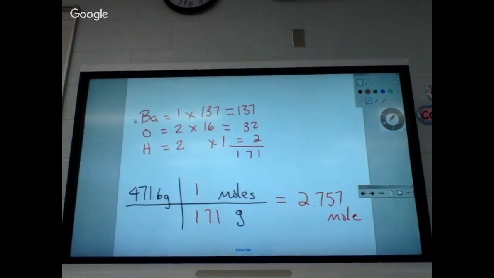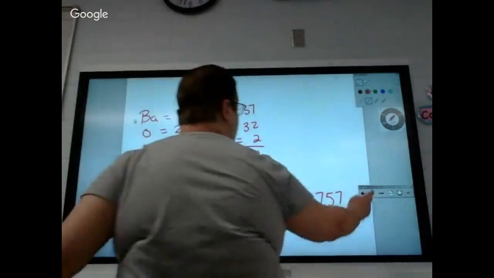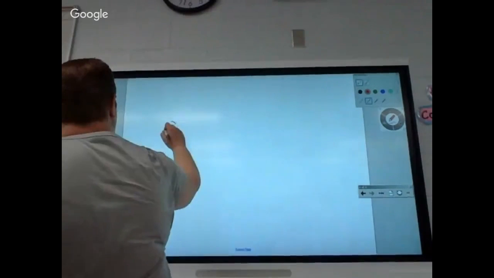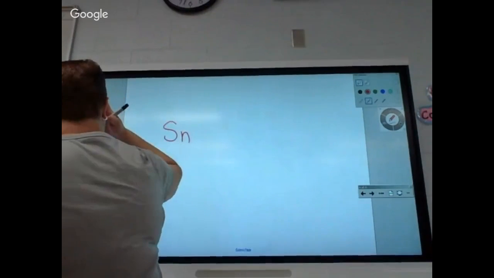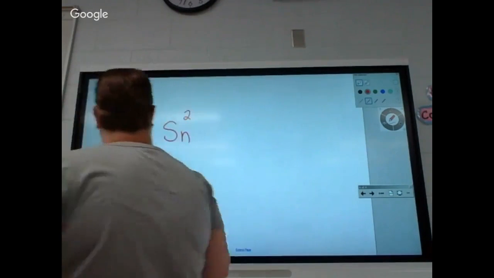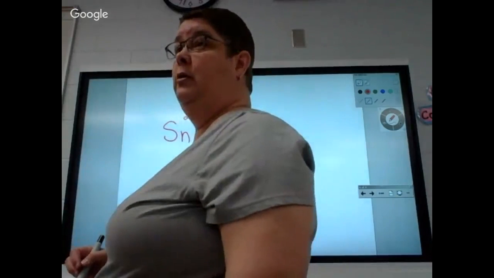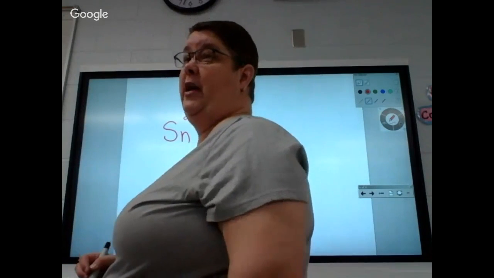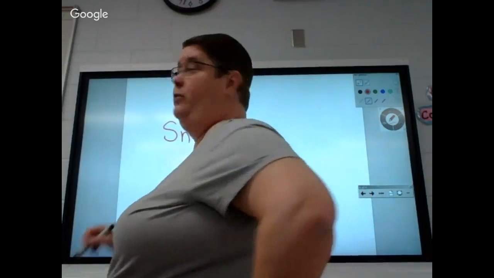Questions about writing the formulas or any of those? Number 9, how did you get that? You have Sn with a Roman numeral 2 behind it, which means it's a 2 for an oxidation number. Because it's got the Roman numeral behind it, that means Sn is a 2.